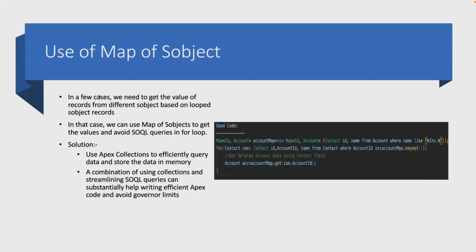We should use a map whenever we are doing any object query as a good practice, so that it gives efficient query data and stores the data in memory. It will streamline the query, substantially help in writing efficient Apex code, and avoid the governor limits. So we should include the map in our coding style.